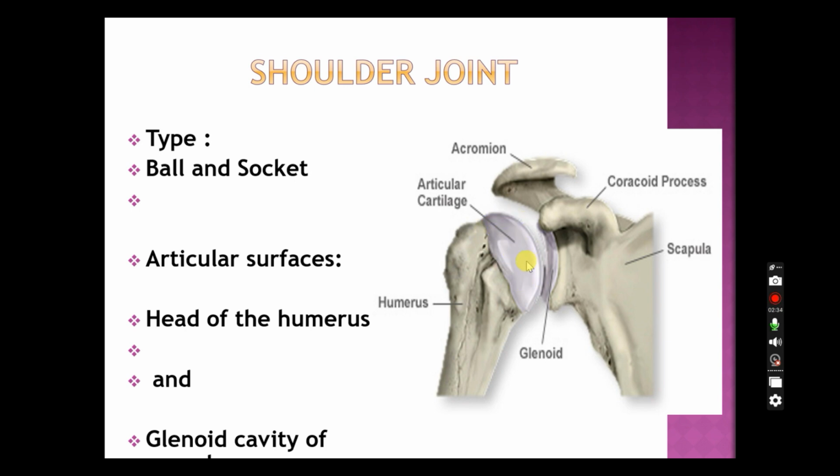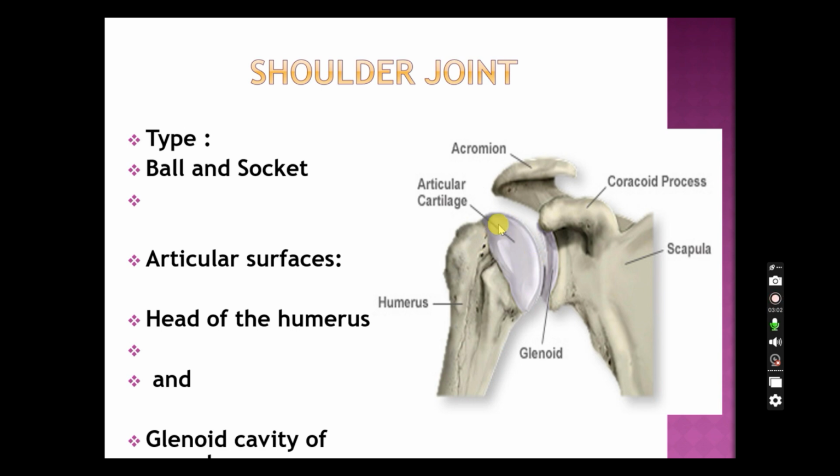So let's talk about the articular surfaces. As already seen, the articular surface is made by the shallow glenoid cavity on the scapular aspect, which is covered by hyaline cartilage. Hyaline cartilage will be thin in the center, but it will become thicker as it goes towards the peripheral aspect of the glenoid cavity.